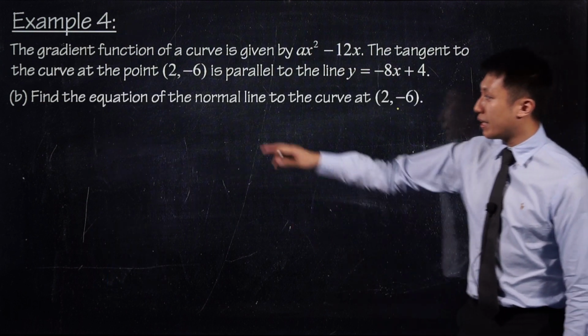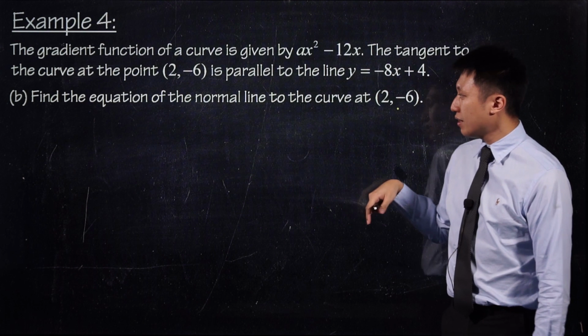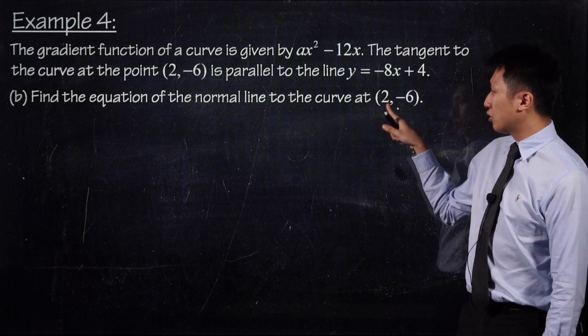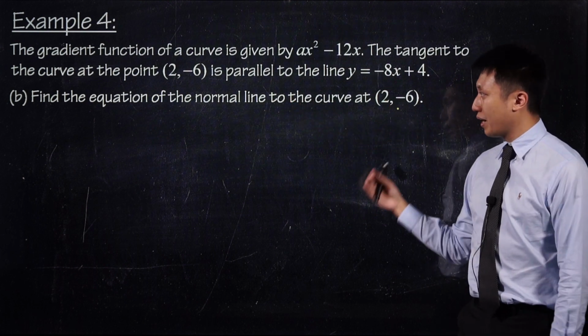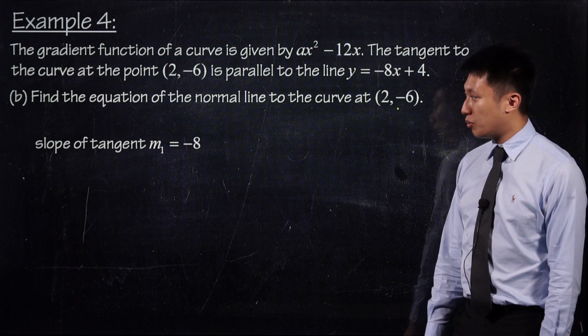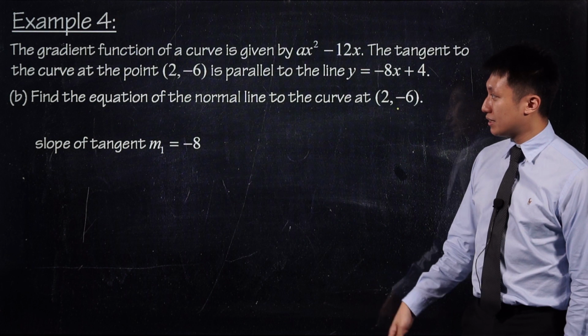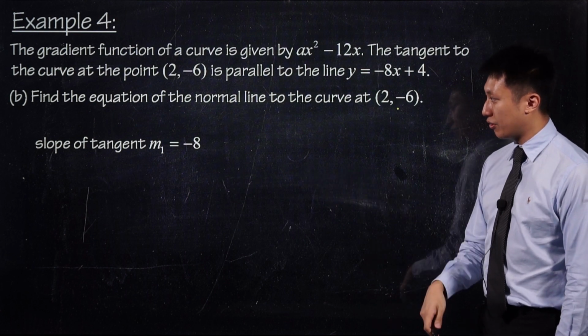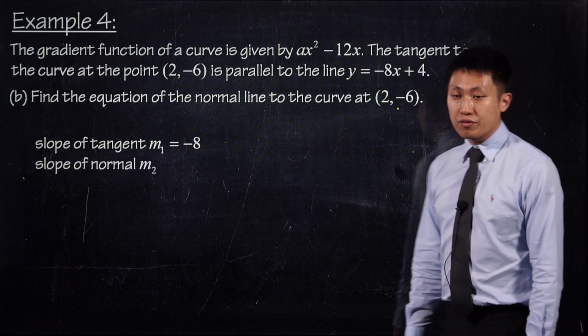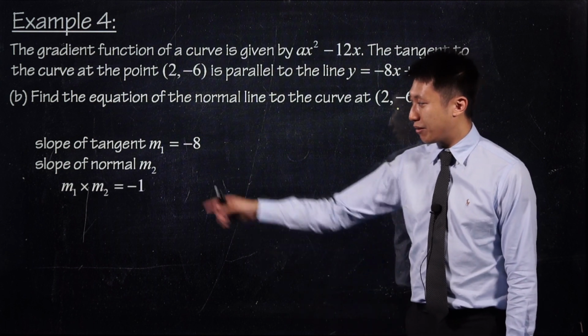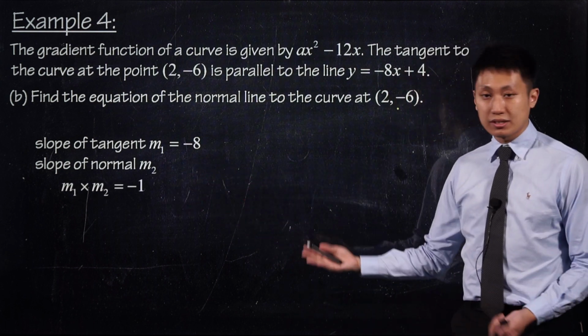Next one. Find the equation of the normal line to the curve at (2, negative 6). So the slope of the tangent is negative 8. You know already. And the slope of the normal is what? Don't know, then we use m1 times m2 is equal to negative 1.